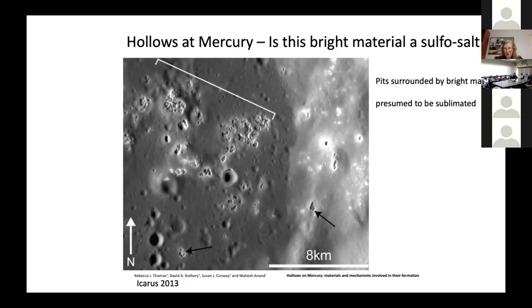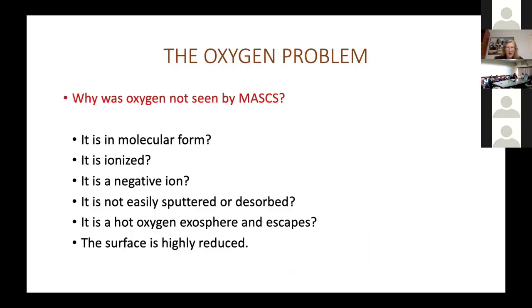And so it's been proposed many times that these features are a sulfur salt, and that we might see a sulfur exosphere. But of course, the g-value of sulfur is 10 to the minus 6. So we had no chance of seeing it in the exosphere.